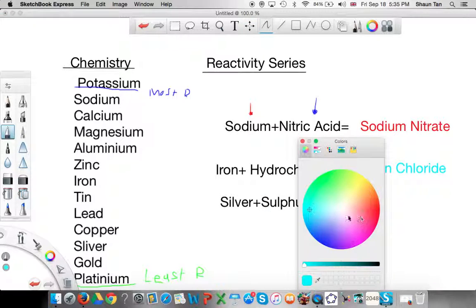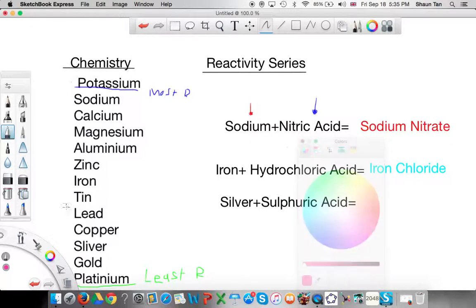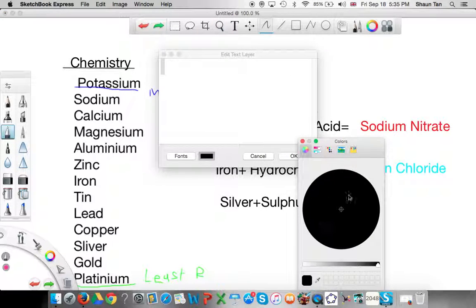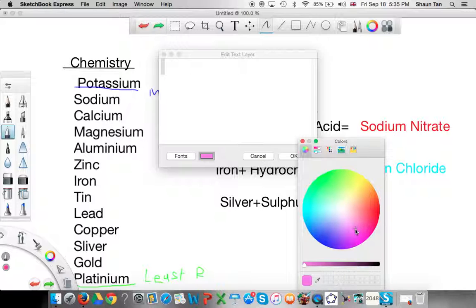Now, as you know, silver is down here, right? Because it's down there, it won't be reactive. The answer to this question is no reaction. I'll be using writing, because my typing is not so good, and I will actually use writing after these three questions.